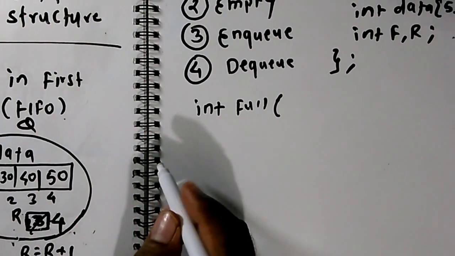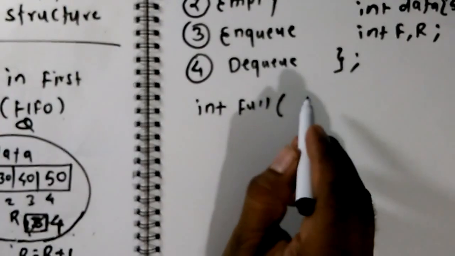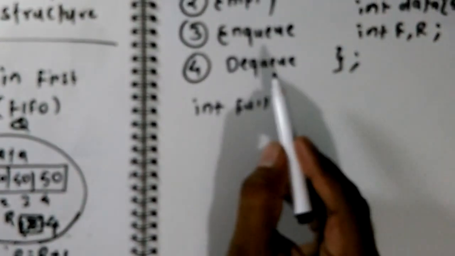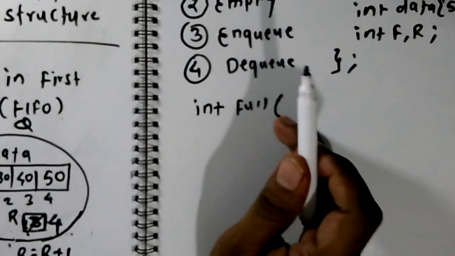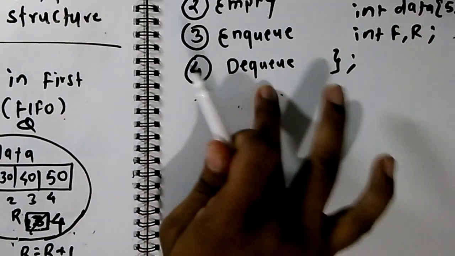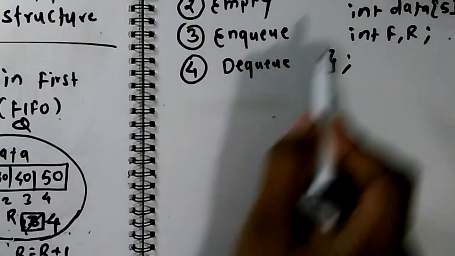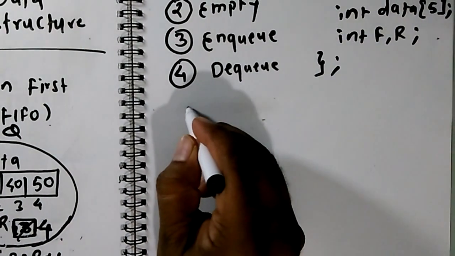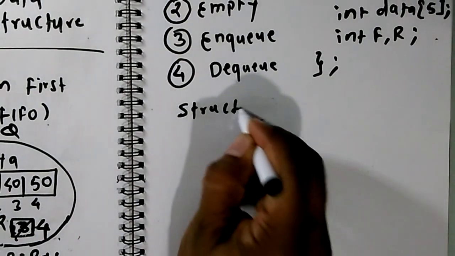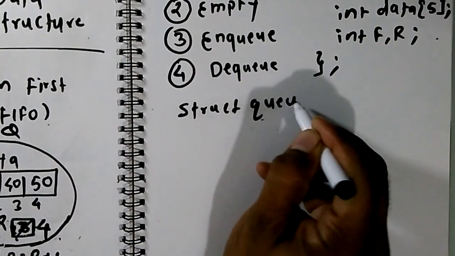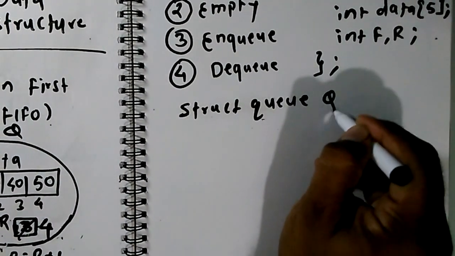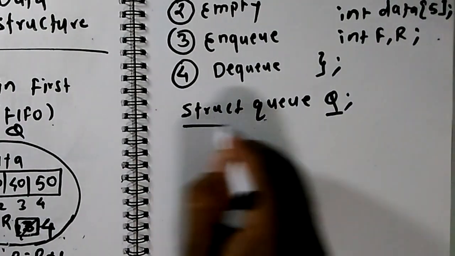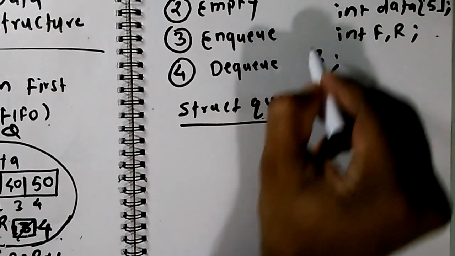So when we create this queue, maybe in any function or the main function, to create variables of this queue type, we need to say struct queue. So queue is a variable of this structure queue type.